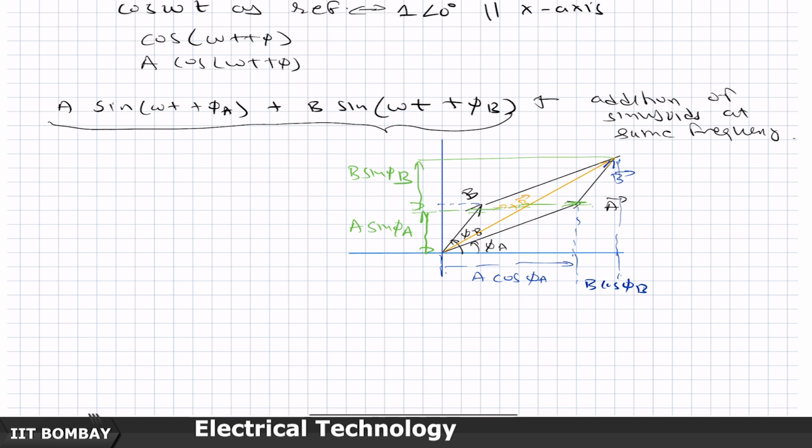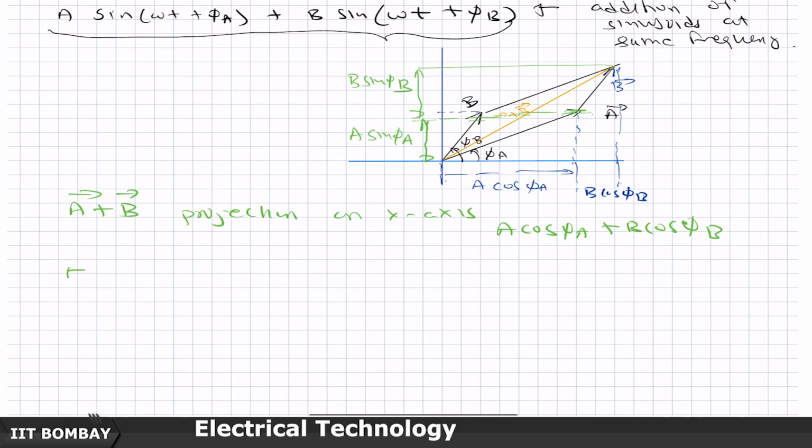So you can see that the resultant vector a plus b's projection onto the x-axis is a cos phi a plus b cos of phi b, and a plus b's projection on the y-axis is a sine phi a plus b sine of phi b.